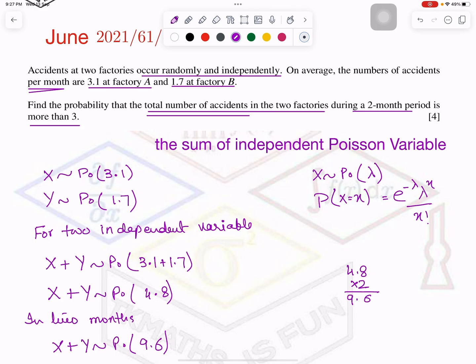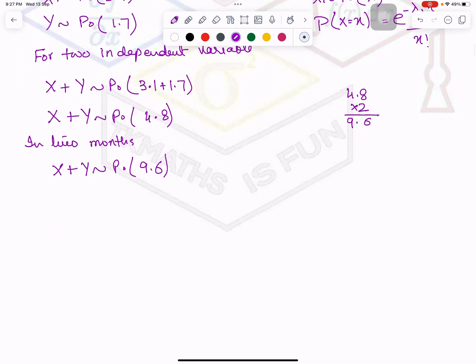After that, the question is saying find the probability that the number during a 2 months period is more than 3. So this is the probability I have to find out. I can write the probability of X greater than 3. It is not equal to; it is not saying at least. Now we also know that in Poisson distribution there is no end limit to the counting. It keeps going on.